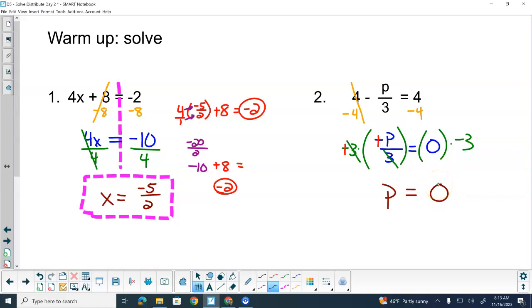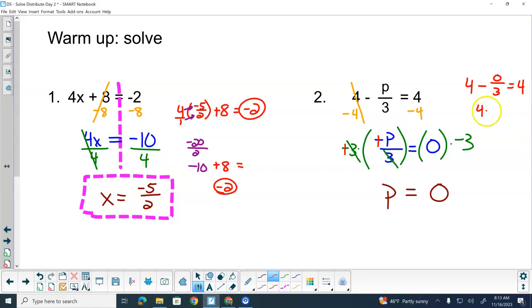Can I have 0 as an answer? Yes. Okay, 0 is a number. And that's what we're trying to find. We're trying to find what number represents the variable, and so that works out. Now, the check on this: 4 minus 0 divided by 3 has to equal 4. What is 0 divided by any number? That's 0. Okay?